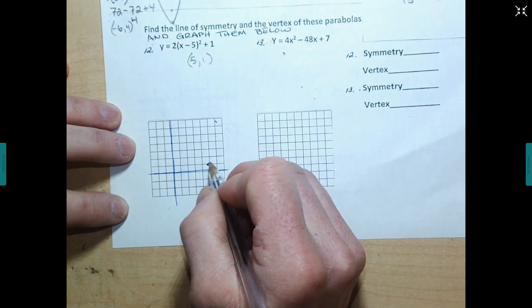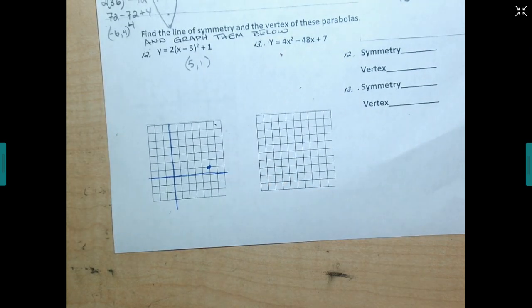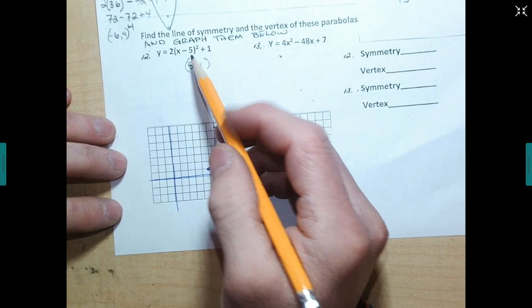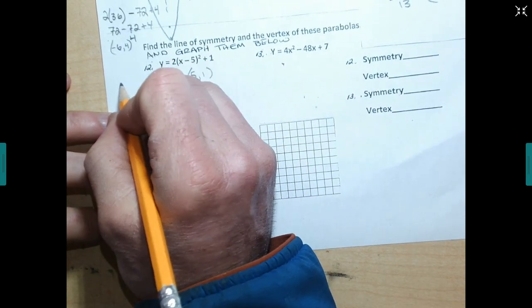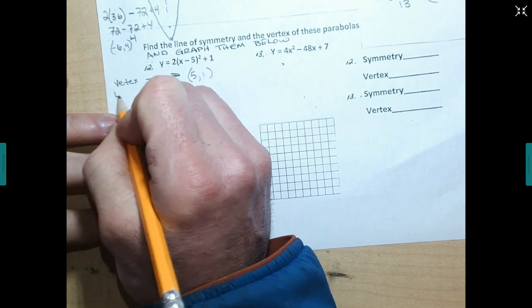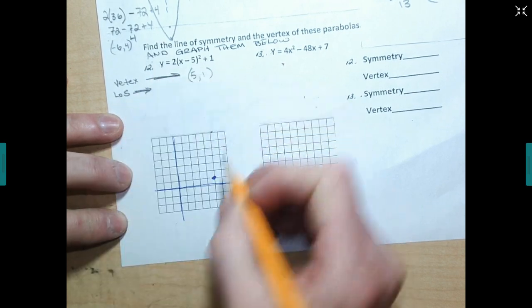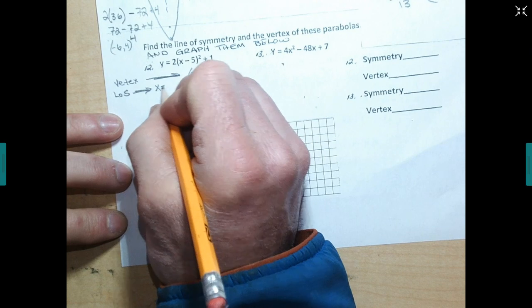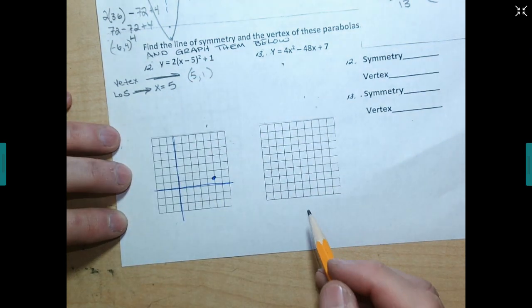So there's our vertex. And so our line of symmetry is x equals 5.